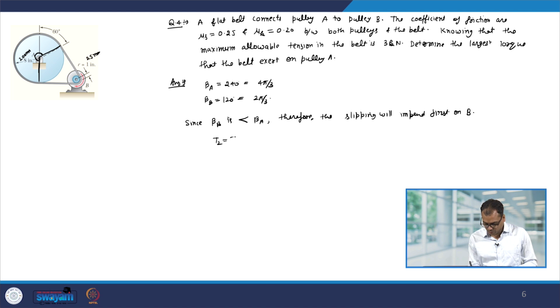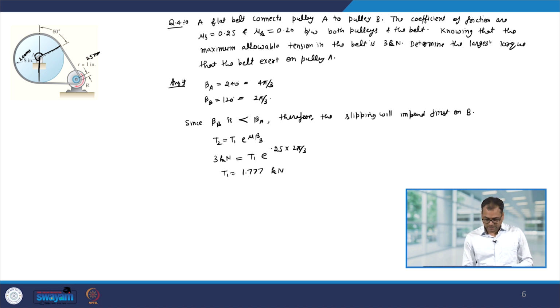So, we have T2 equal to T1 e to the power mu beta B, and T2 is given, it is 3 kilonewton. So, 3 kilonewton equal to T1 e to the power mu, which is 0.25, into 2 pi by 3, and this gives you T1 equal to 1.777 kilonewton.